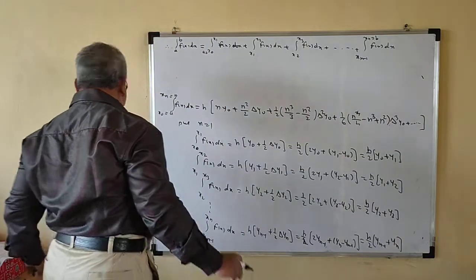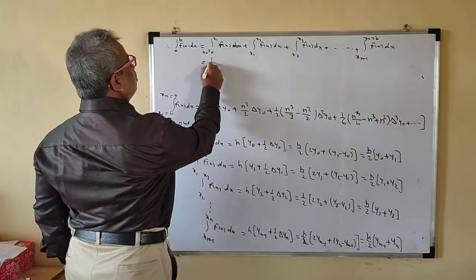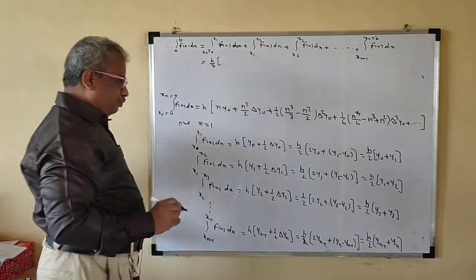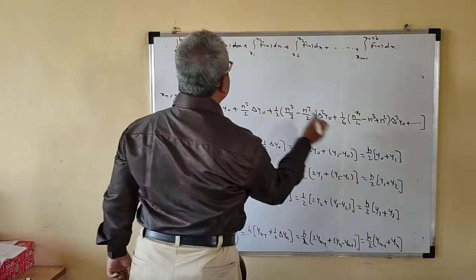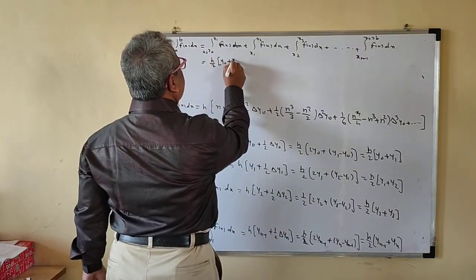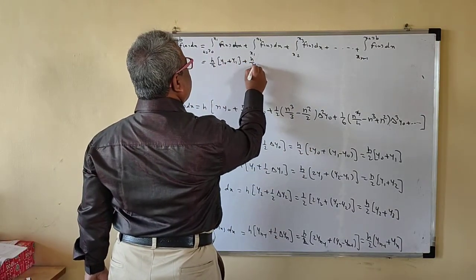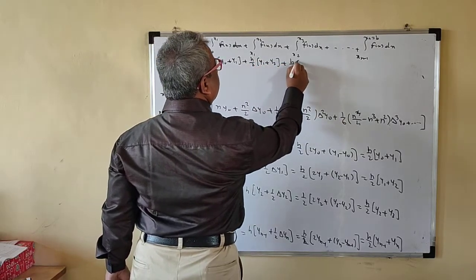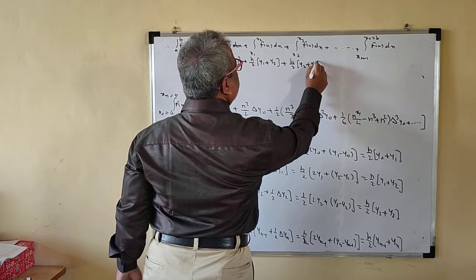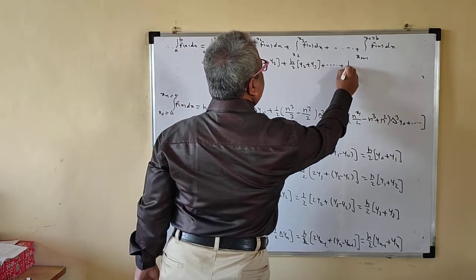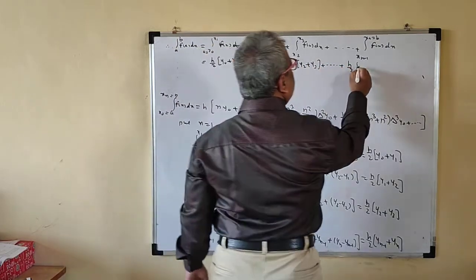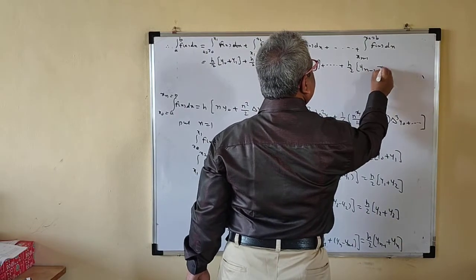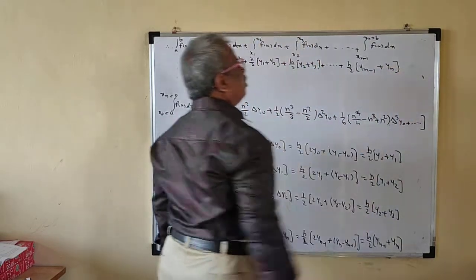Okay, so now we put this value here, this is h by 2. What is the value of this one? y0 plus y1, plus h by 2 (y1 plus y2), plus h by 2 (y2 plus y3), plus ... plus h by 2 (yn-1 plus yn).